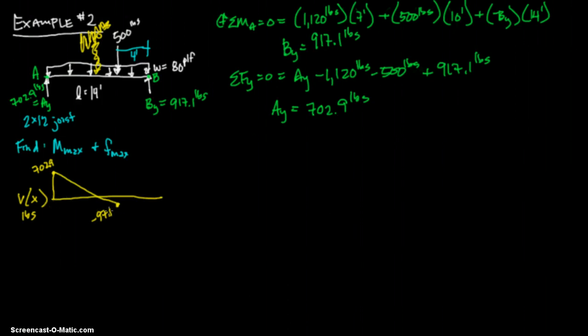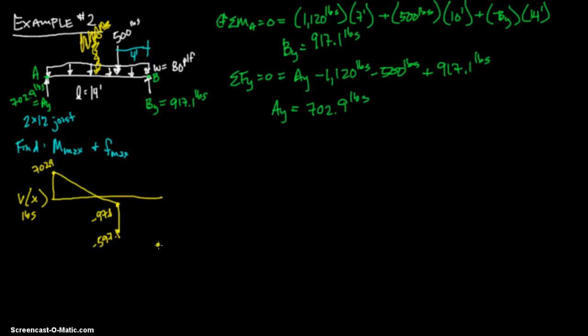Alright, we're at negative 97.1. We want to go down 500, which is easy. Negative 597.1. And then we want to go down at a slope of negative 80 again, 4 foot times 80 pounds per foot.